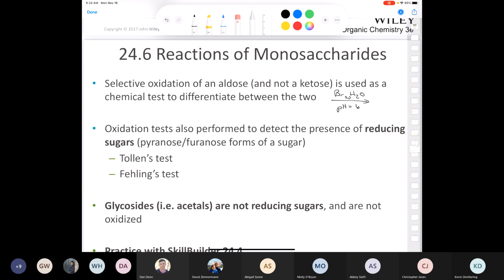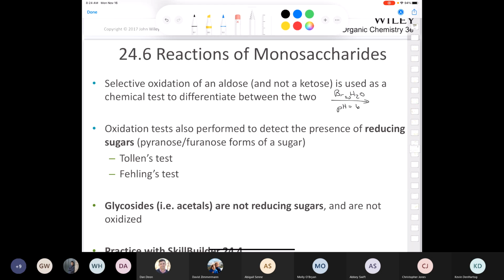It will selectively oxidize an aldose, but not a ketose, so it can be used as a chemical test to differentiate between the two. Going back to the previous lecture, an aldose and a ketose can equilibrate, where the ketose undergoes equilibration to produce an aldose. But under these conditions, it will not do that.